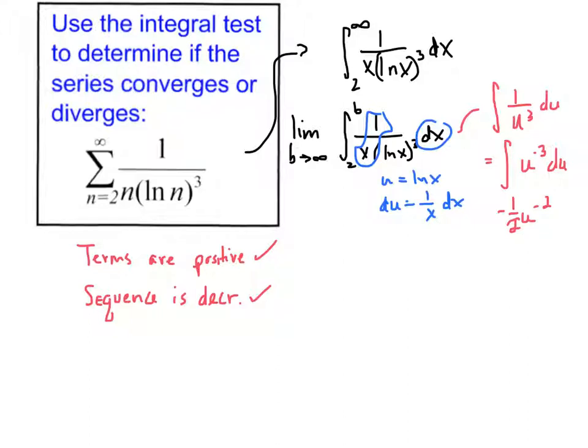Okay, so let me continue down here with what I've got. I've got negative 1 over 2u squared, which actually, let me go further, and let me just write that as negative 1 over 2 natural log of x squared.